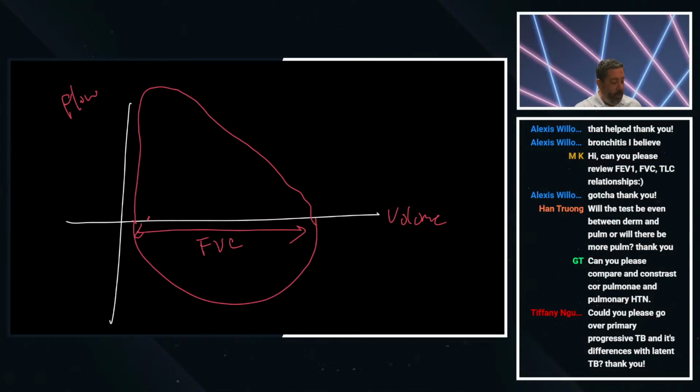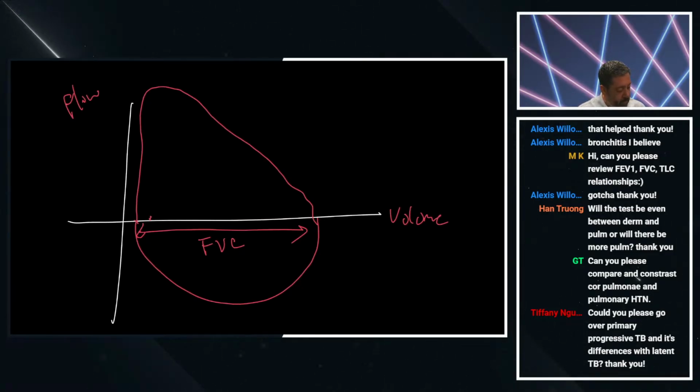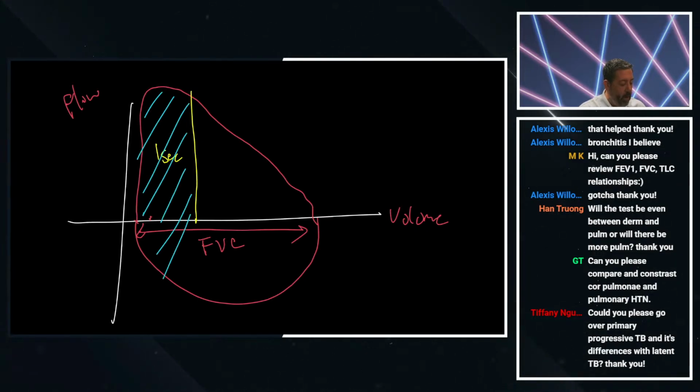And what we want to know is, in 1 second, how much air did you exhale of your total FVC? How much air did you get out in 1 second?